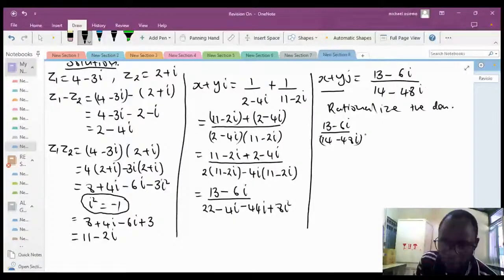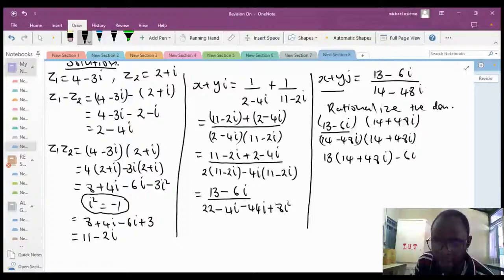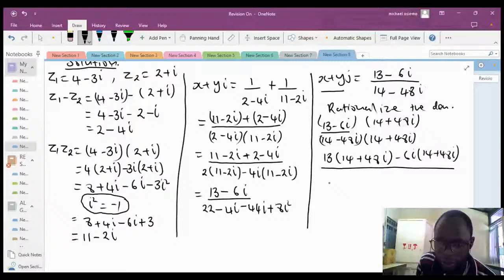We multiply the denominator here by the conjugate, 14 minus 40i. Then multiply also the numerator, 13 minus 6i into 14 minus 40i, and then over, this will become over 14 squared plus 40 squared.